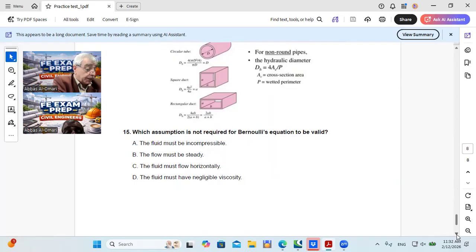Flow must be steady. This is correct. Flow must be horizontal is not correct. So this is the answer. Fluid must have negligible viscosity. This is also necessary. So the unnecessary condition is C. The fluid must flow horizontally. This is not necessary for Bernoulli equation.